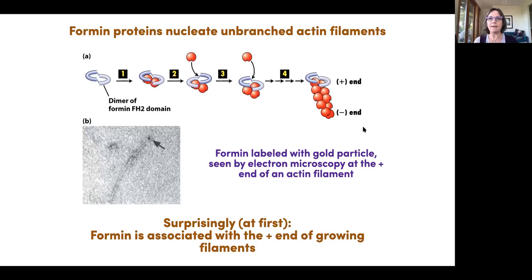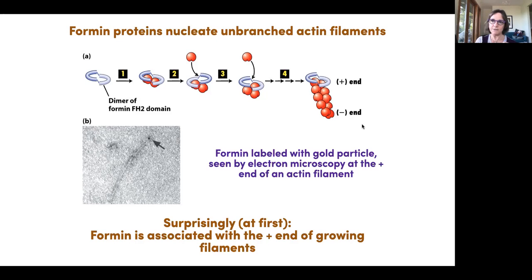Okay. So people were aware of ARP23 for a long time, and more recently, not so recently now, but more recently, it was discovered that there's another whole family of actin nucleating proteins that behave in some ways a parallel way, but in some ways a rather different way.